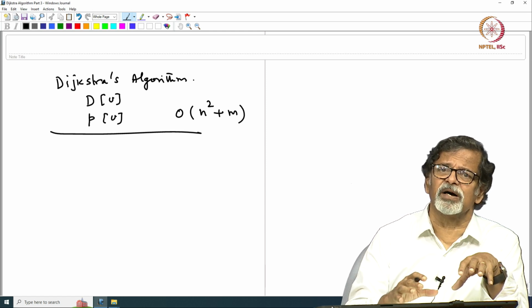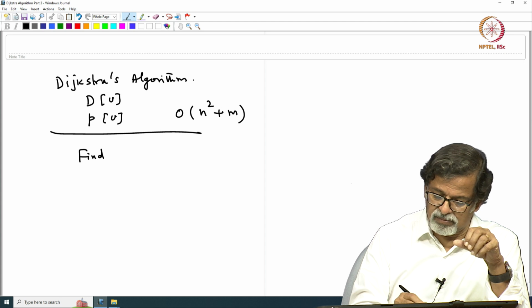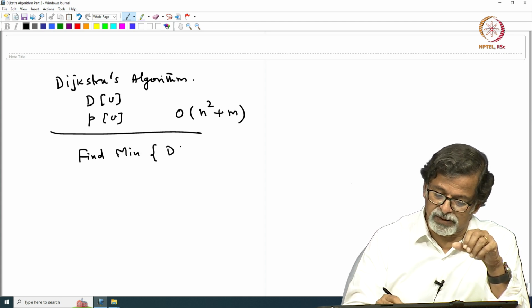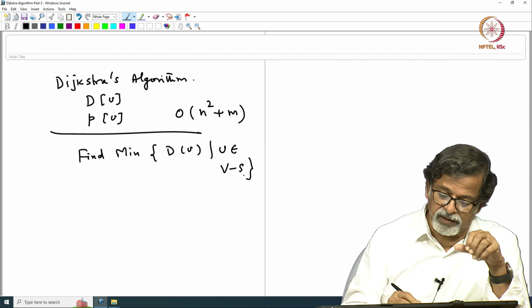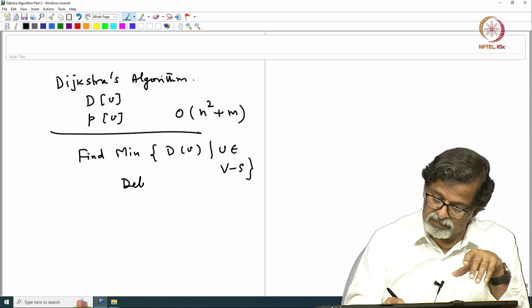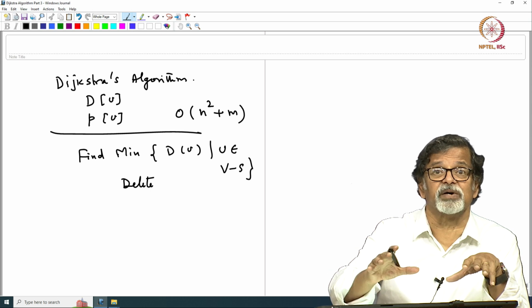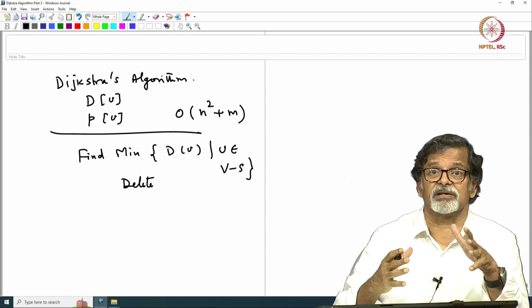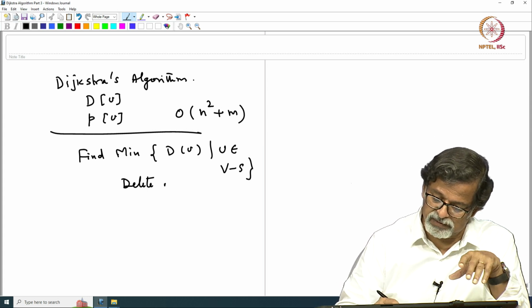One operation that we are doing repeatedly here is find minimum value among the D vector values, and we also delete that one because that vertex is removed from V minus S and then it goes into S, and for the next iteration we do not have that vertex at all, therefore that value is deleted: delete min.